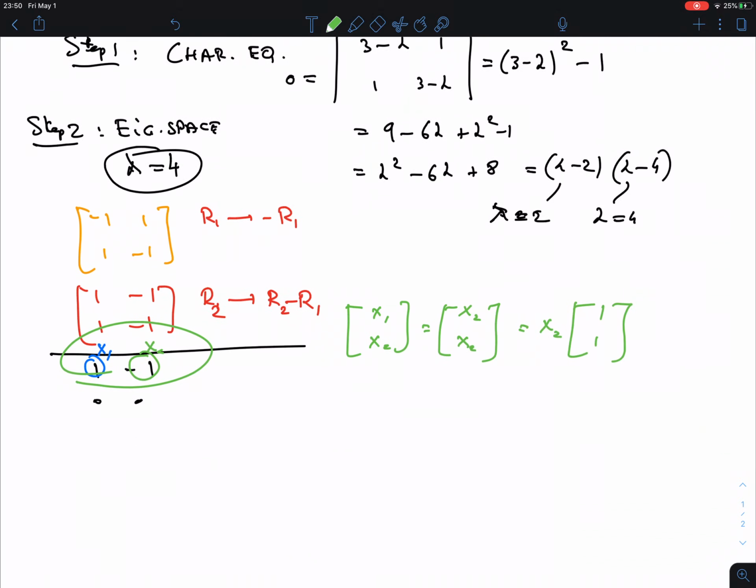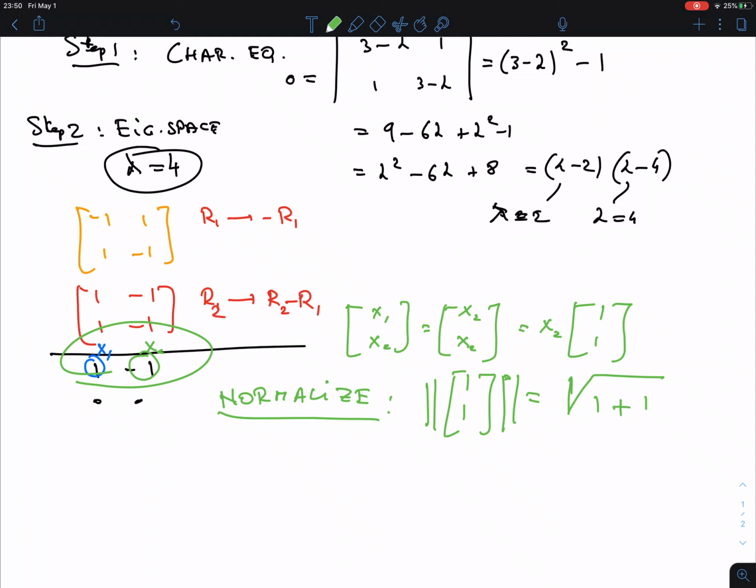Okay, so now the extra step is the normalization. Now we have to normalize. So we take the norm of this vector, 1, 1. That would be a radical. There's always the radical in the norm, right? You take the square of the entries and add them up. So this is radical 2. And so then our basis, the full correct way is, I'll write it up for you, orthonormal basis.